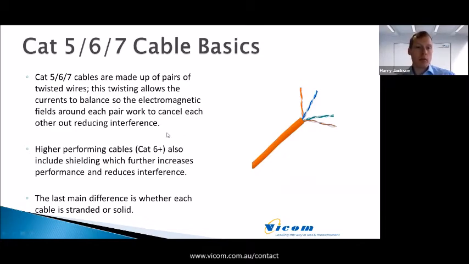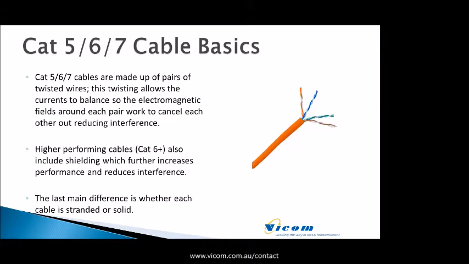The key differences between Cat 5, 6, 7, and 8 cables will be essentially the degree of shielding that's utilized in those cables, with Cat 6, Cat 6A, Cat 7, and Cat 8 cables having different levels of shielding, which obviously increases the performance and bandwidth you can get out of a given cable.